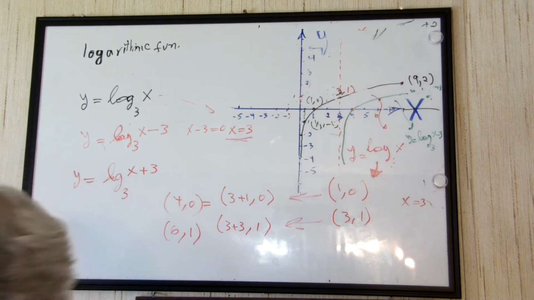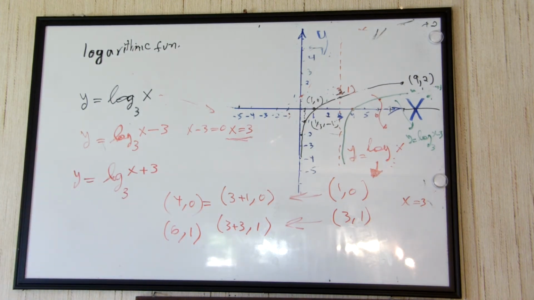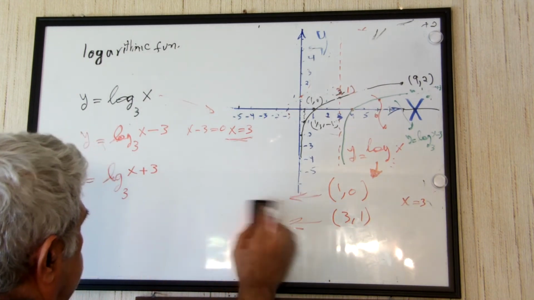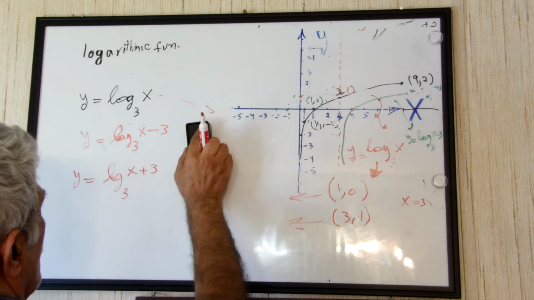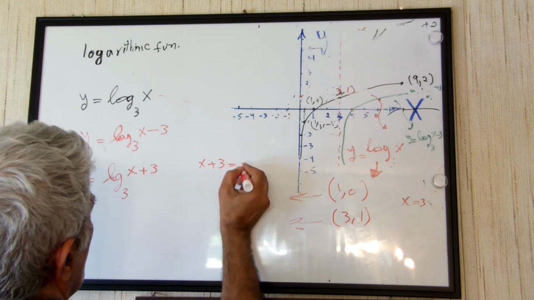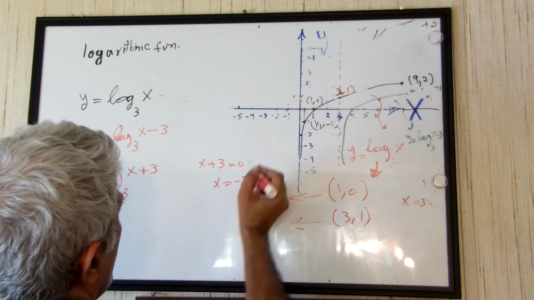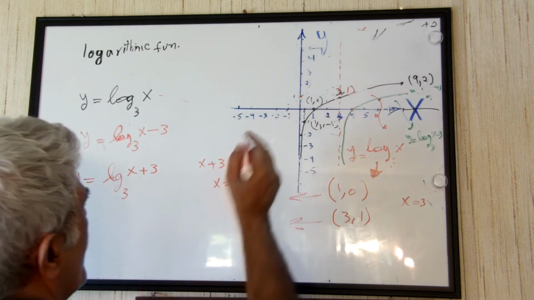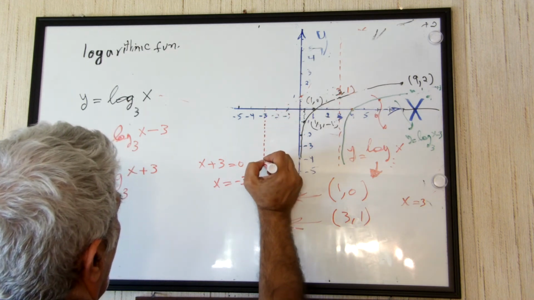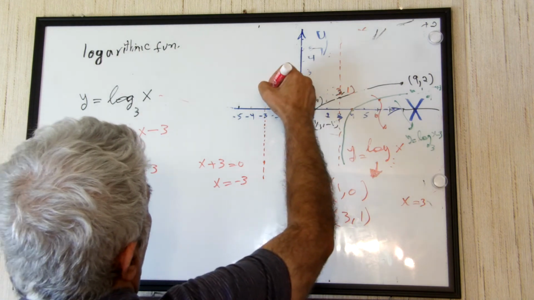What is going to happen, what does it look like? So x plus 3 is equal to 0, x is equal to minus 3. So the vertical asymptote here is going to be x equals -3.